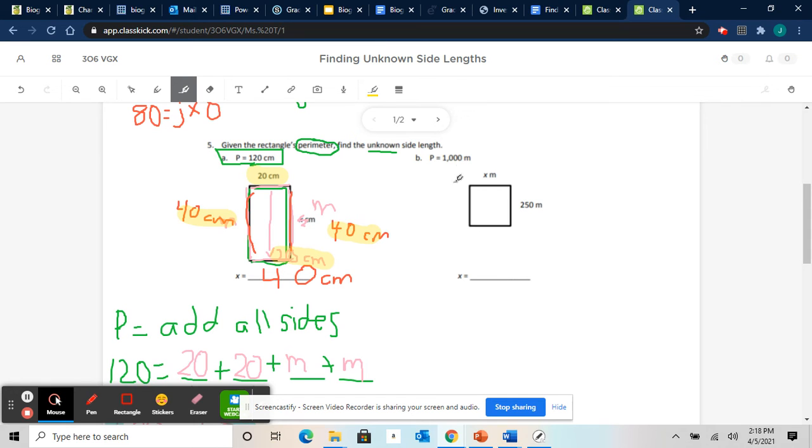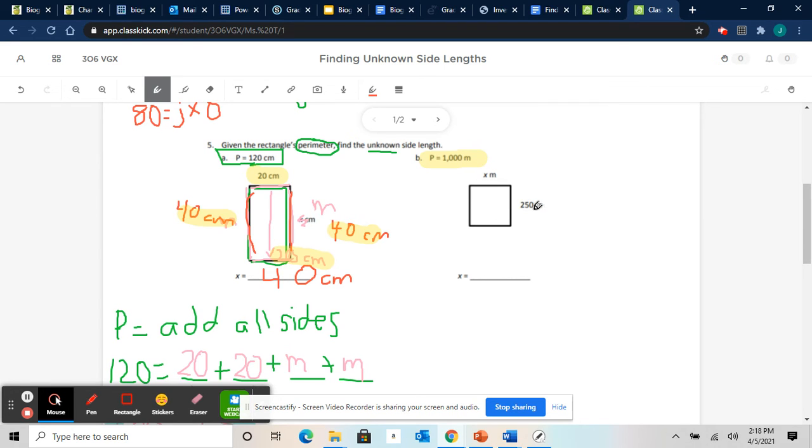The next one is working with a bigger number, and here they're giving us the perimeter, right? 1,000 meters. Before you even start, I want you to tell me what shape this is. It is a type of rectangle, but what do you notice about this specific rectangle? You might notice that this is a square, right?